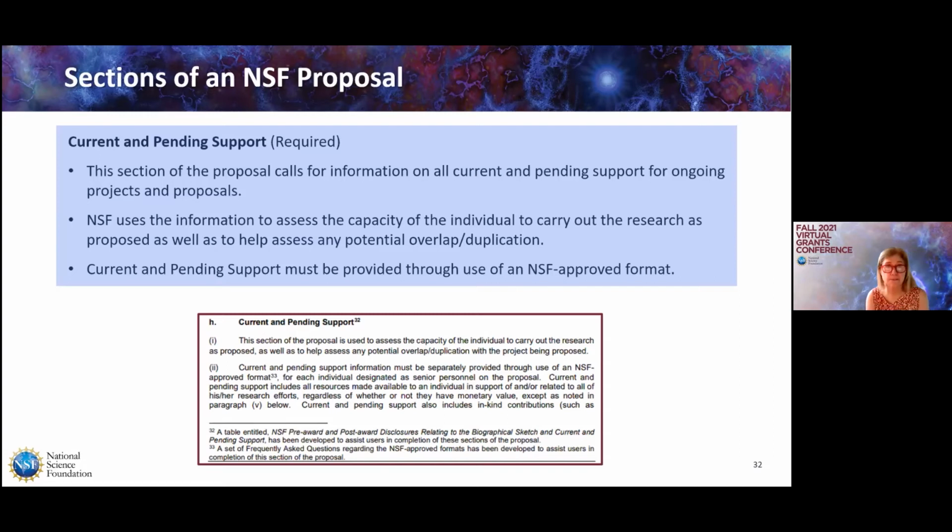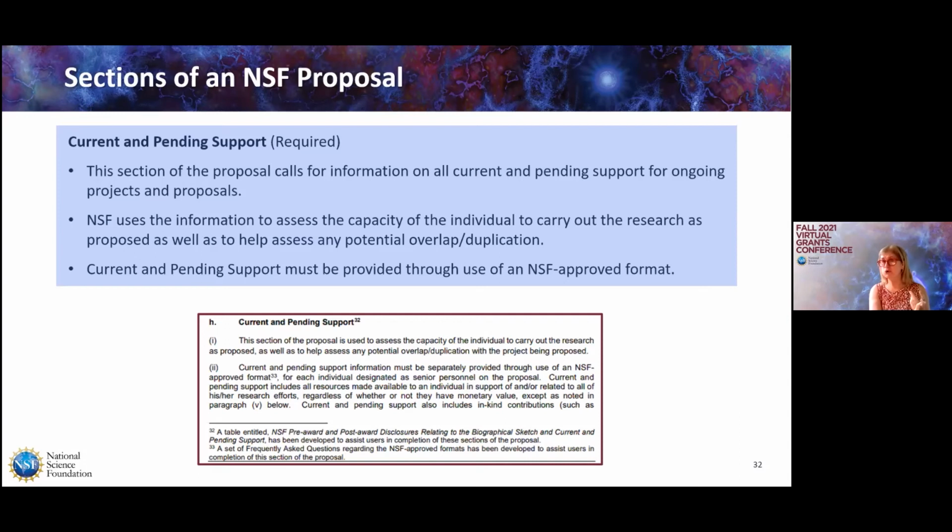Current and pending support answers very different questions than what I've just been talking about beyond budget and facilities, equipment, and other resources. We're using current and pending support to help NSF make good decisions about what it funds.